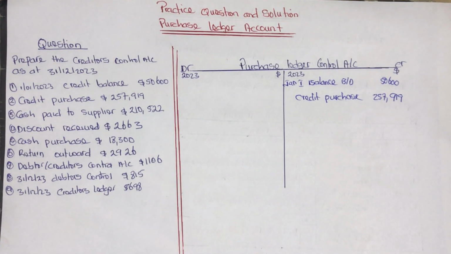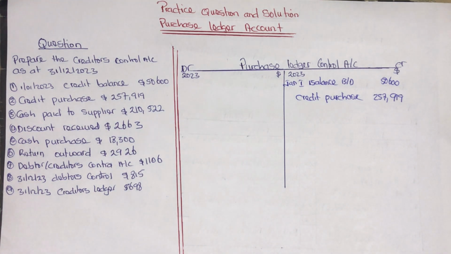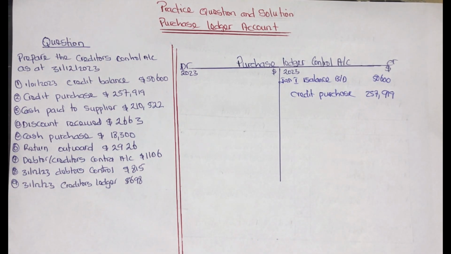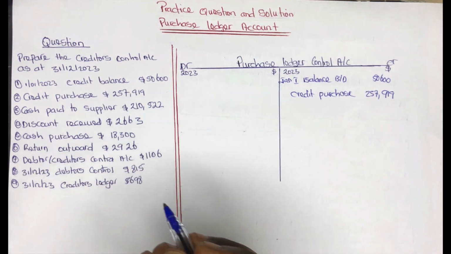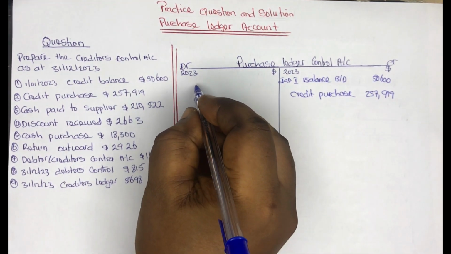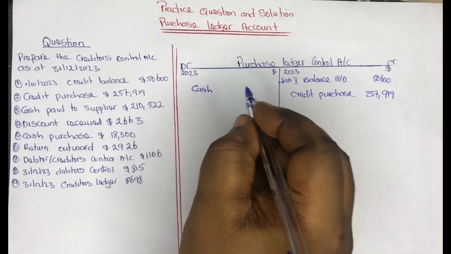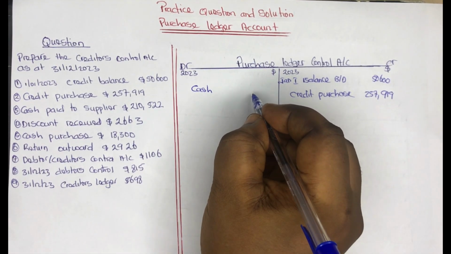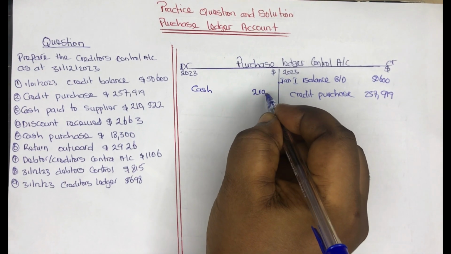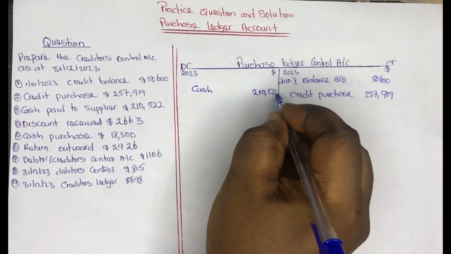The next one is cash paid to suppliers, $210,522. The cash paid goes on the debit side.